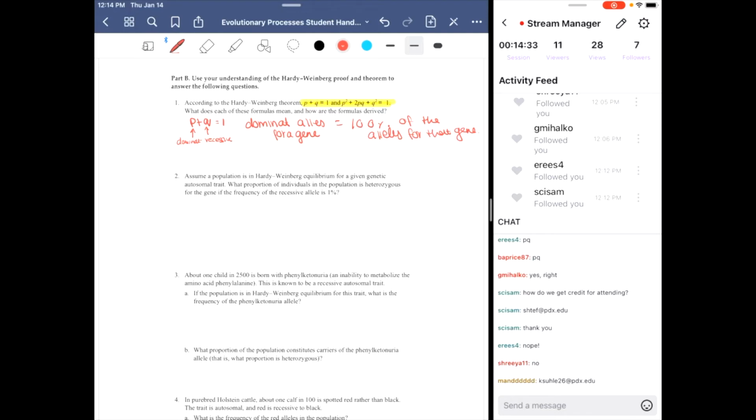And that makes sense because in the Hardy-Weinberg theorem, you're only working with genes that have two alleles. So if you add up all the alleles that you have of both the dominant and recessive, it should add up to all the alleles that you have for that gene in the population. And the next equation, P squared plus 2PQ plus Q squared equals 1.